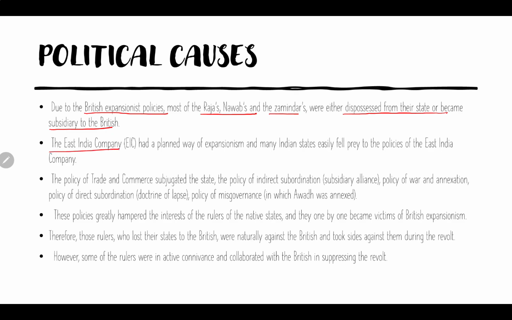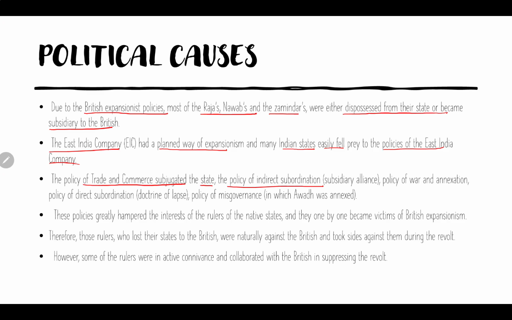The East India Company had planned expansionism and made Indian states easily fall prey to its policies. In the name of development and expansion, every Indian state was vulnerable in the hands of the East India Company and became prey of the British company.